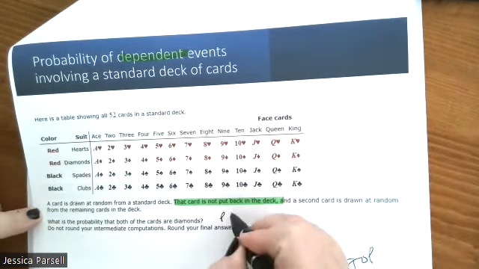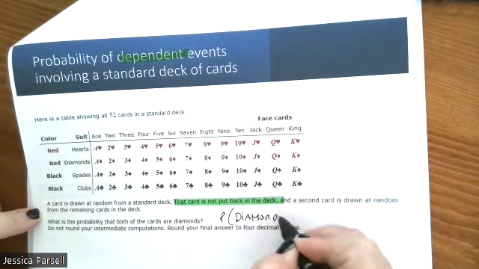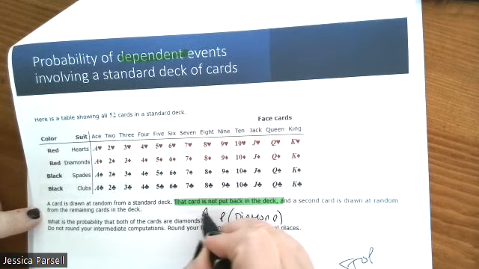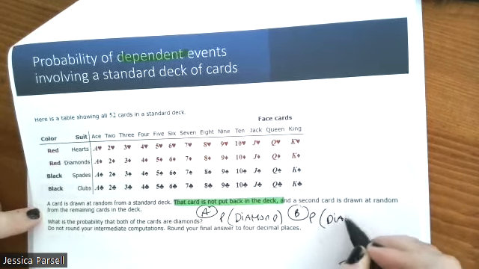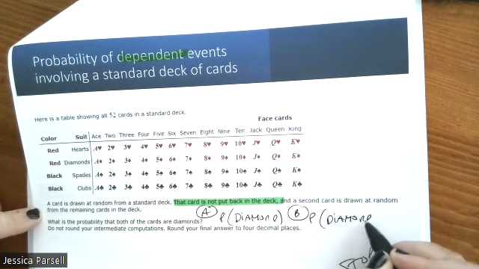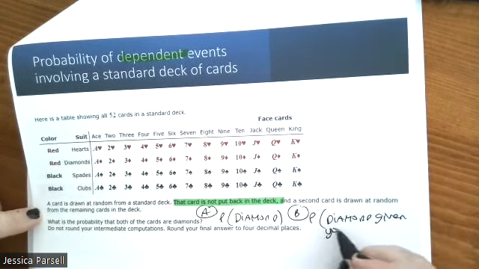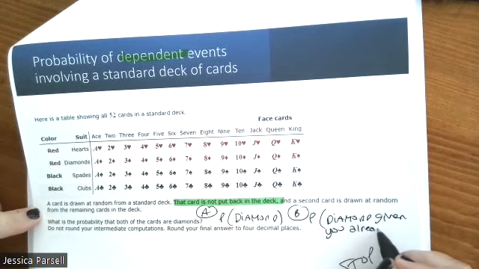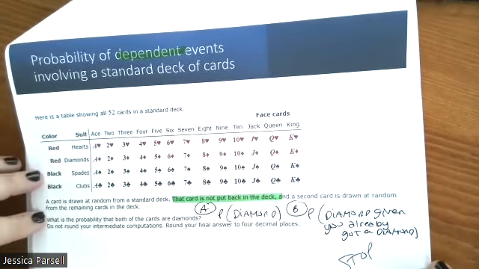Okay, so the probability that you have a diamond, and that's A, and event B is going to be the probability that you get a diamond given you already got a diamond. Okay, so pause the video and think through how you would go for this.